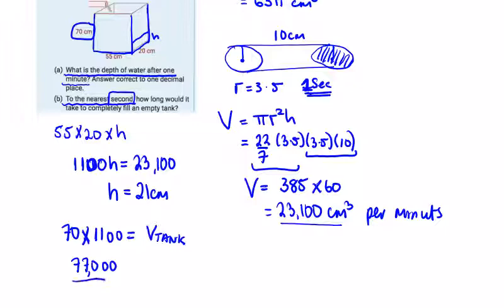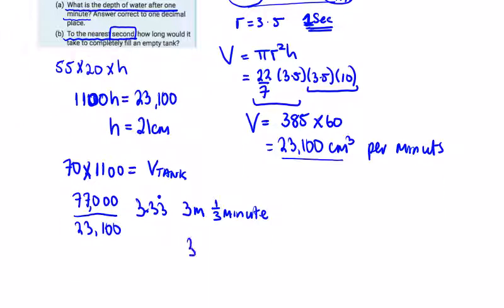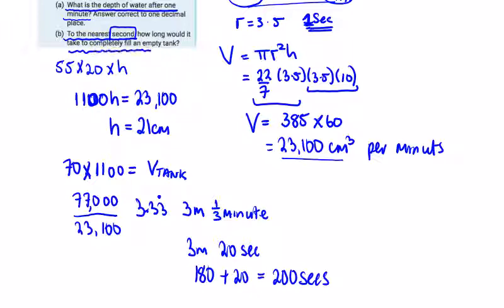And if we divide 77,000 by the 23,100, we're going to get 3. It's actually recurring. So that's 3 minutes and a third of a minute, which is 3 minutes 20 seconds. 180 seconds plus 20 seconds is equal to 200 seconds for this pipe to fill an empty tank.